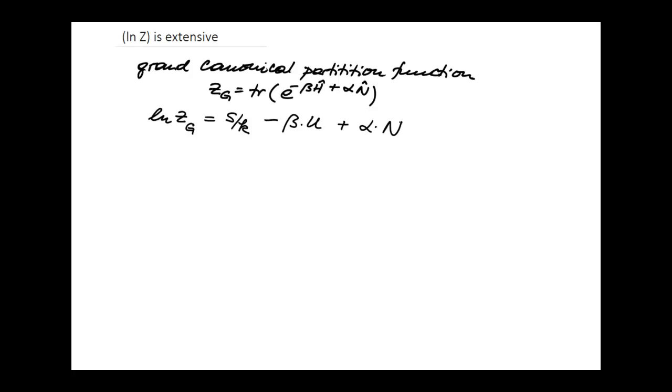In this case, the Lagrange parameter is minus alpha. The expectation value is N. Subtracting that means effectively adding alpha times N.